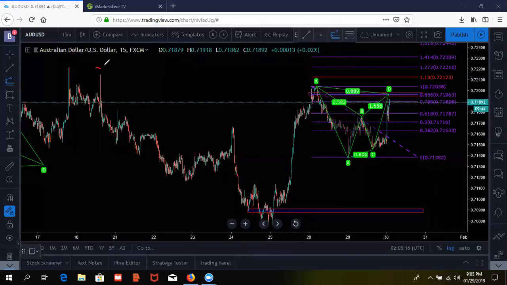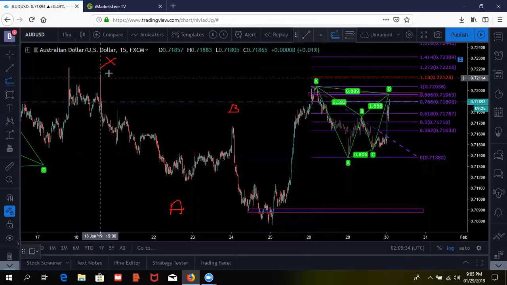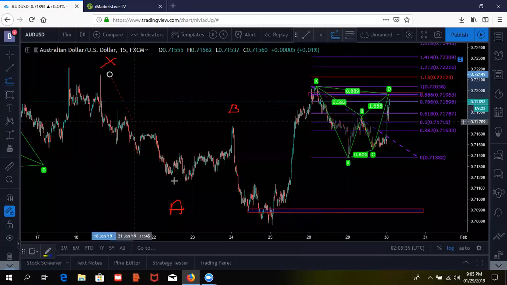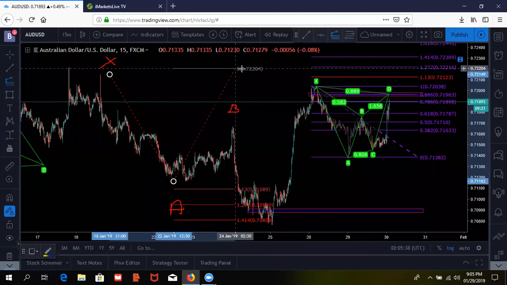So we have X, we have A, which is this level right here. We have our B. And what I want to do is go ahead and grab my Fibonacci extension, take it from X to A, all the way back up to X.